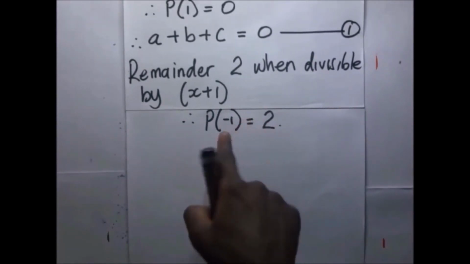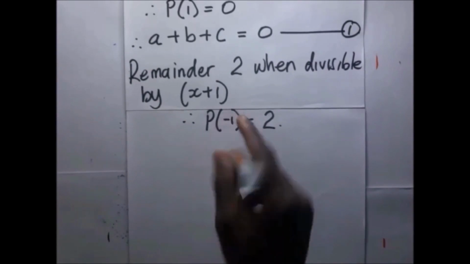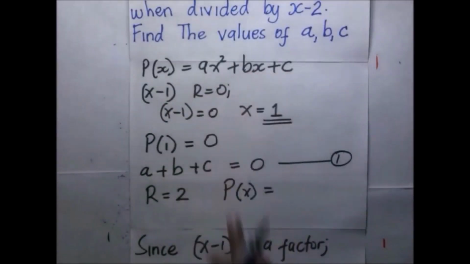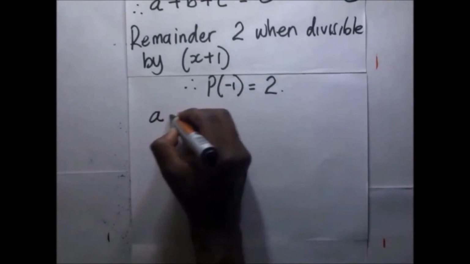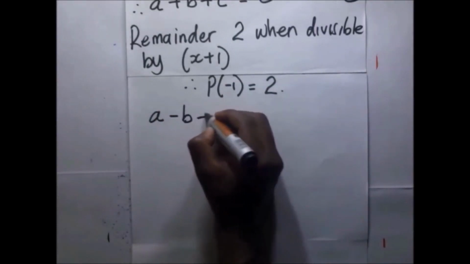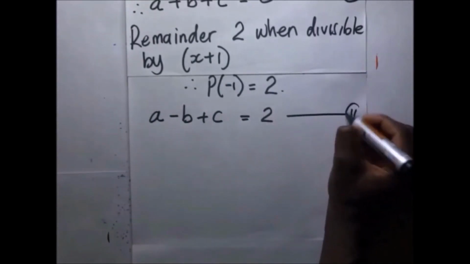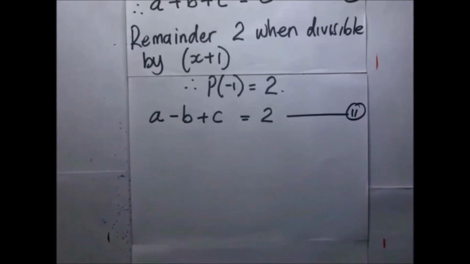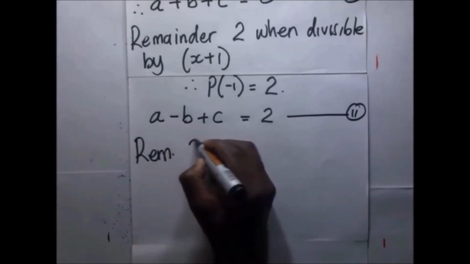And so meaning that if we are to substitute our negative 1 into that expression ax squared plus bx plus c, then our second equation becomes a minus b plus c is going to give us 2.